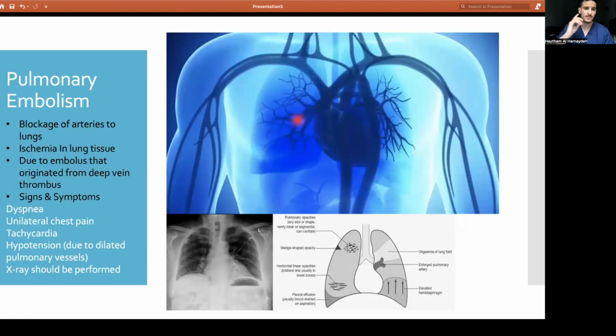Okay, and then there's the pulmonary embolism. Basically, this is a blockage of a part of the pulmonary artery leading to the lungs.